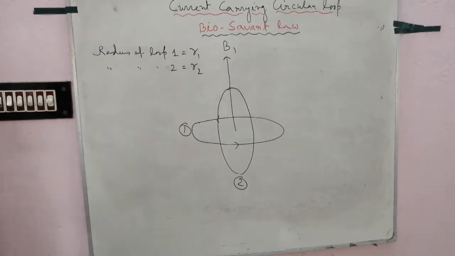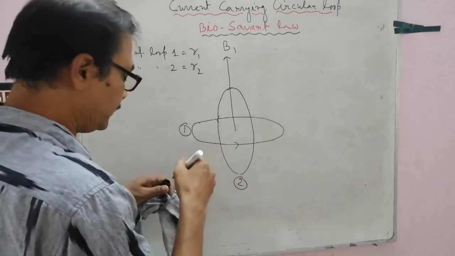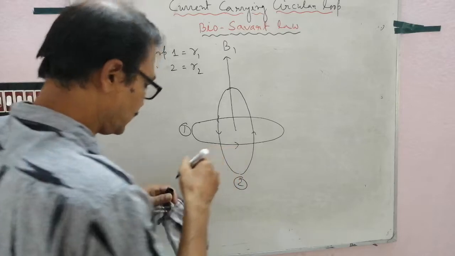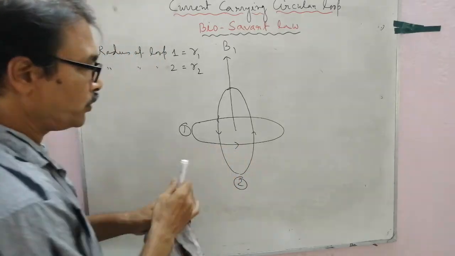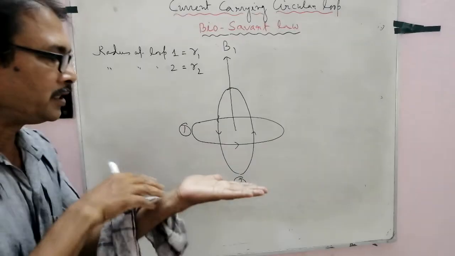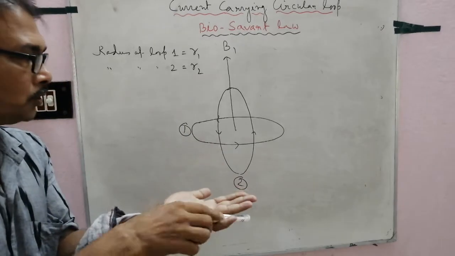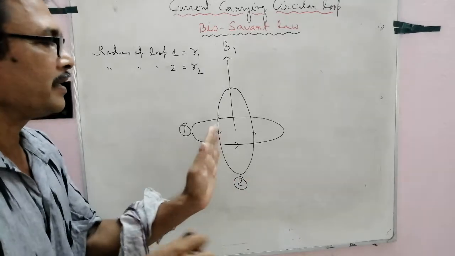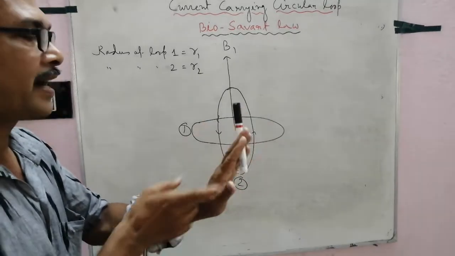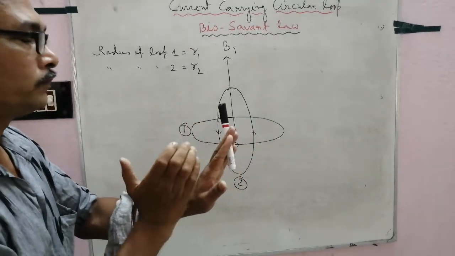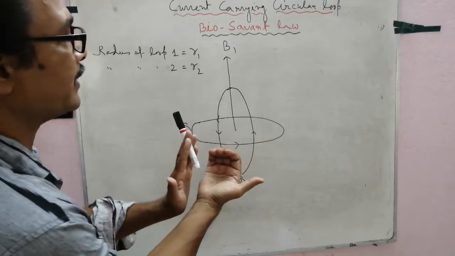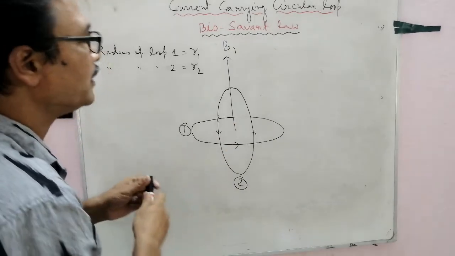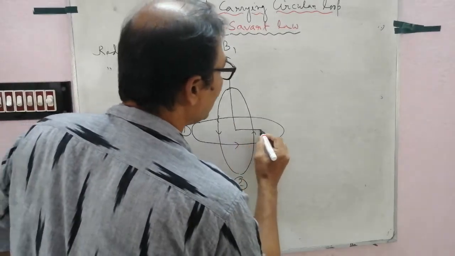Clear? And this loop, follow, one loop in this way, so current in this direction, upward, and this loop in this way and current in this direction. Follow. Magnetic field in this direction.